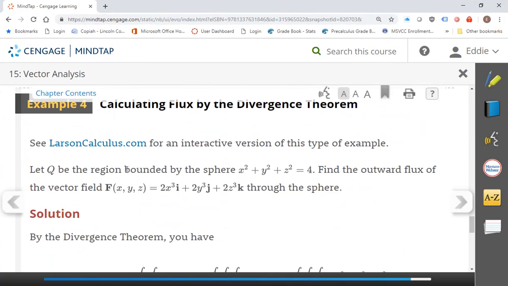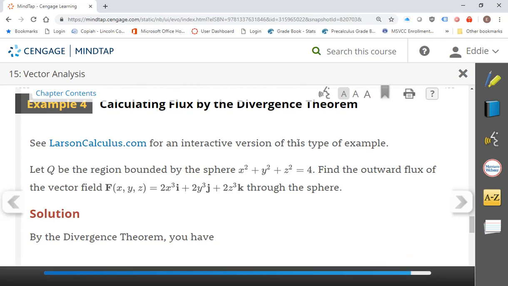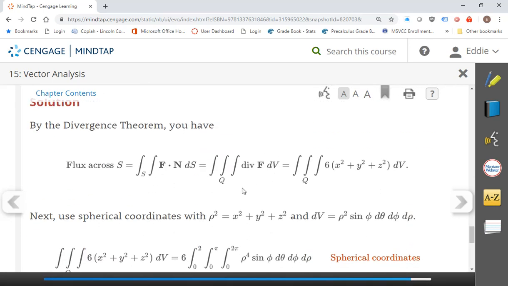All right, so if we have this region bounded by, let Q be a region, you don't have to write this down, bounded by the sphere, find the outward flux of the vector field. Here's the vector field through the sphere. You know, the vector field can be a magnetic field, it can be whatever, gravitational field. So by divergence theorem, the flux across S would equal to this, and then we have our equation.